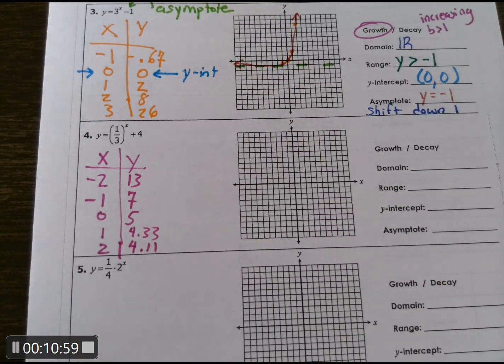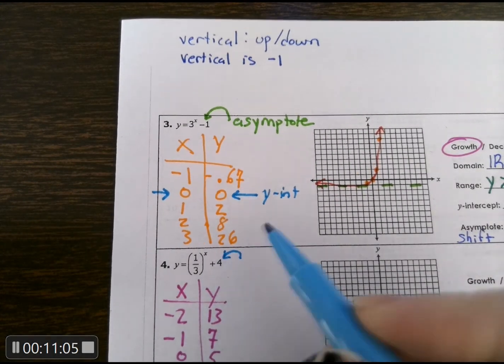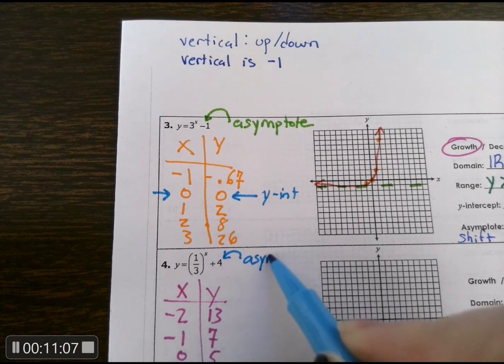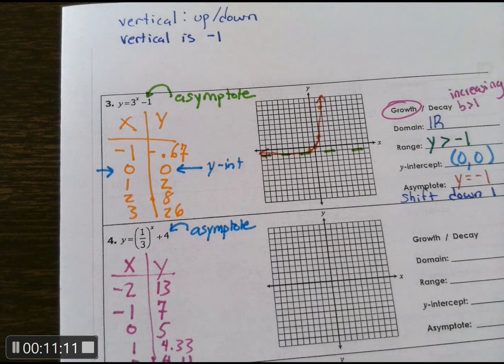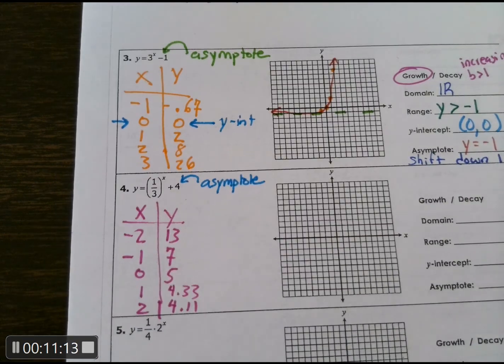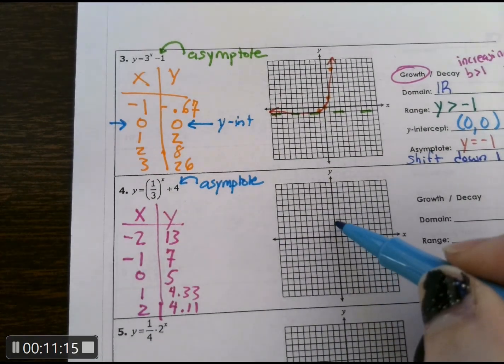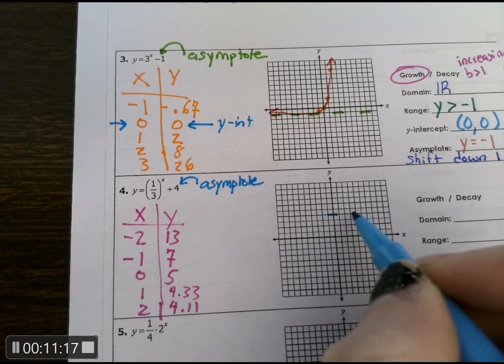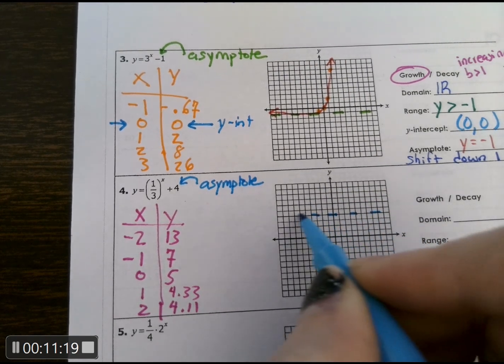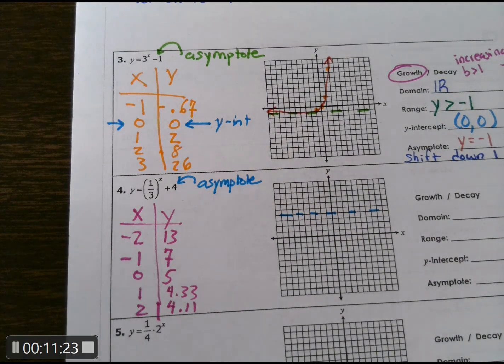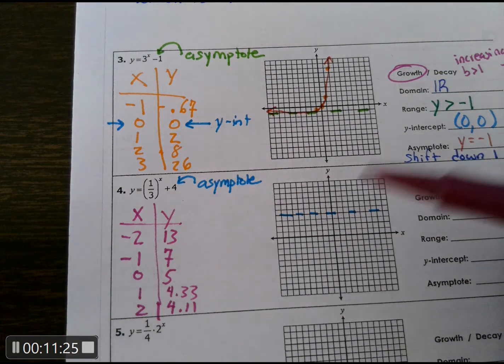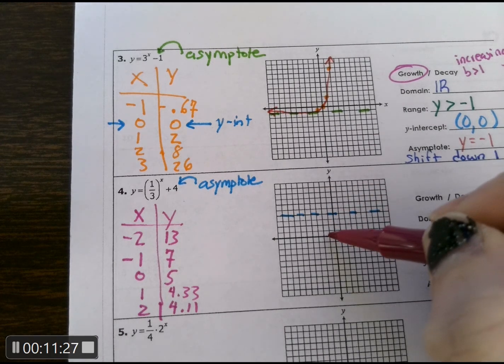What's my asymptote this time? My asymptote is 4. So that means that I'm going to move my graph up 4. So we have -2, 13, which is obviously too big, but we have -1, 7.